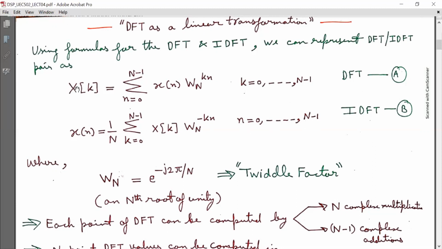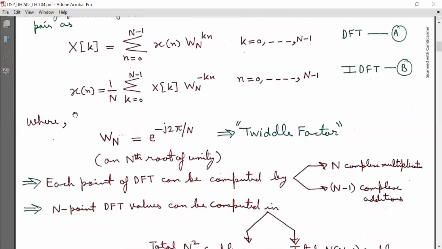Here small x indicates the discrete time sequence, and capital X is showing frequency domain samples, where capital W with subscript N is equal to e raised to minus j2 pi by N, is called the twiddle factor, which is usually referred to as an Nth root of unity.